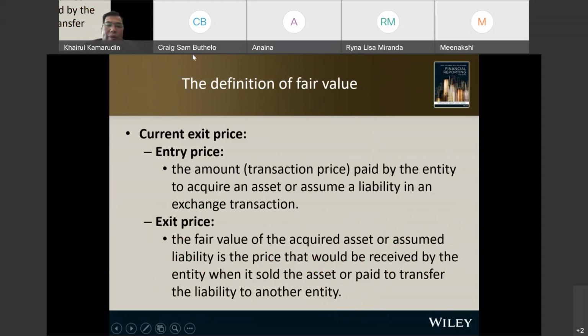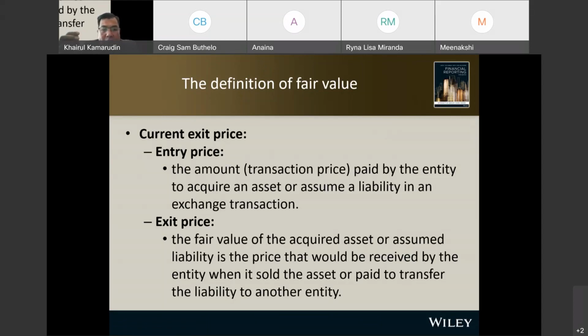What is the entry price? Entry price is the amount paid by the entity to acquire an asset or assume a liability in an exchange transaction. Entry price is when you buy the assets and take a loan.